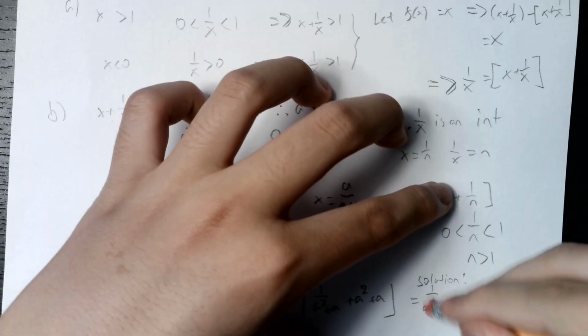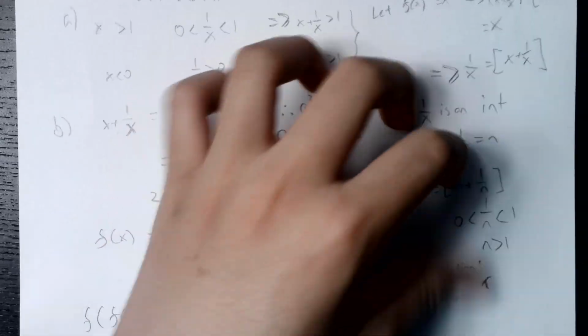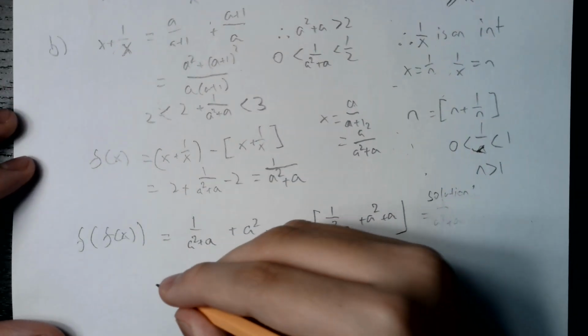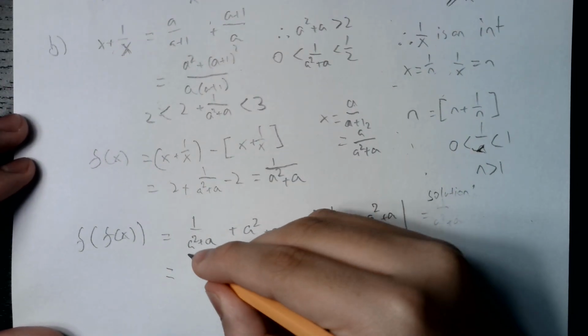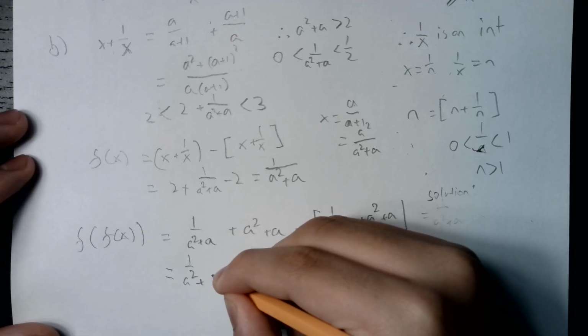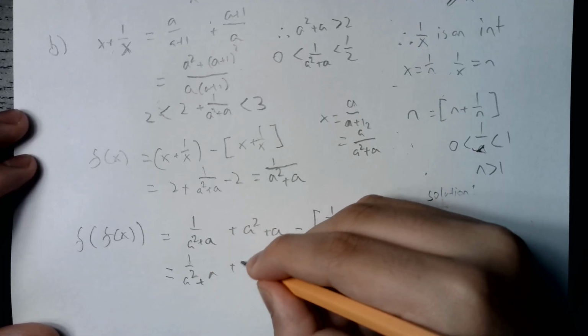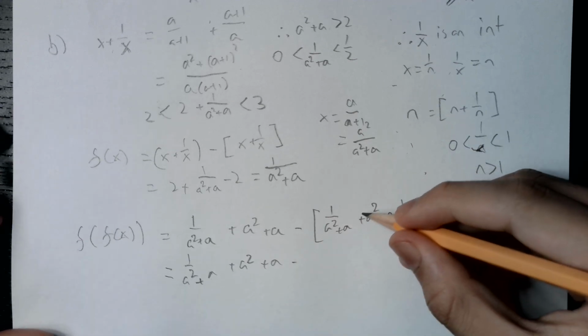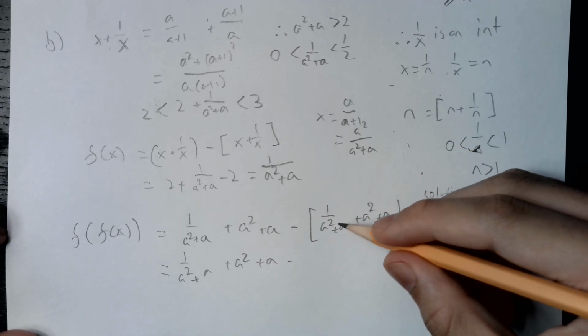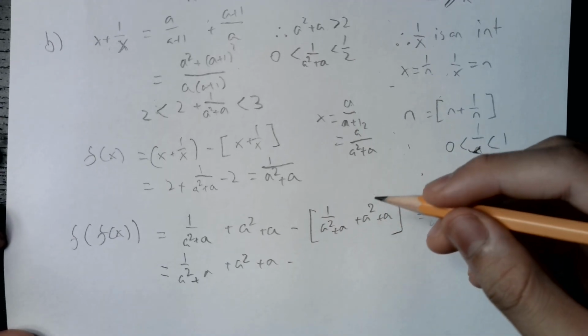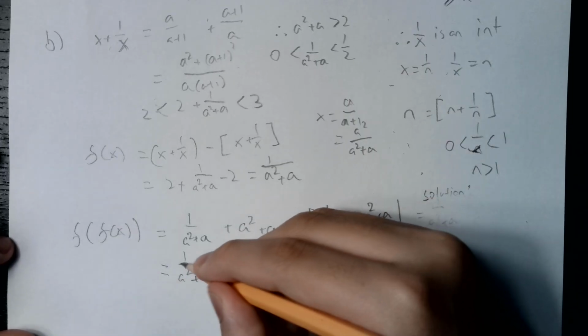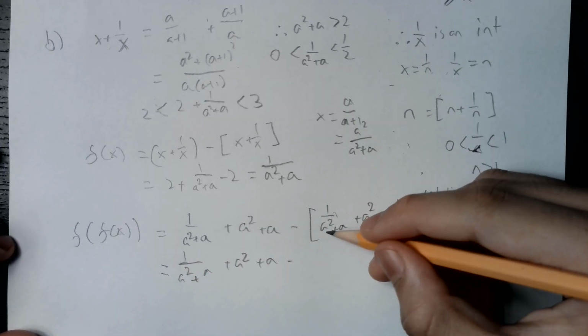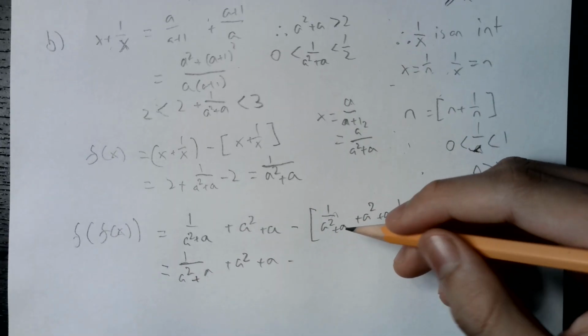Actually, wait, I'm going to write this on a new line because it's going into the other place. 1 over (a squared plus a) plus (a squared plus a). And then we can look in here, obviously 1 over (a squared plus a), since we know that a squared plus a is bigger than 2, we know that this number here is obviously going to be something below 1.